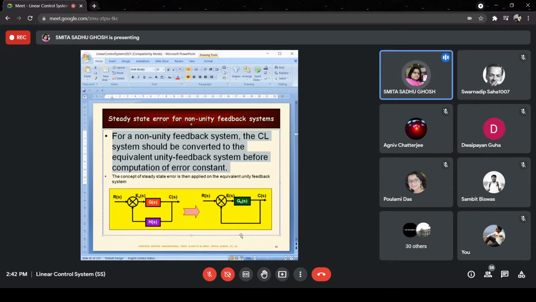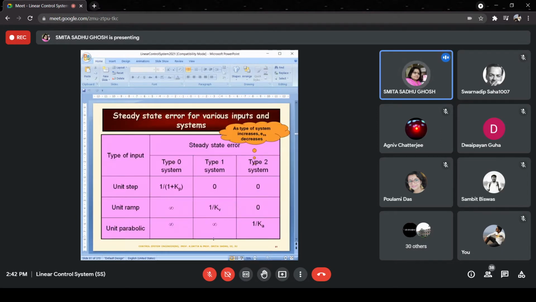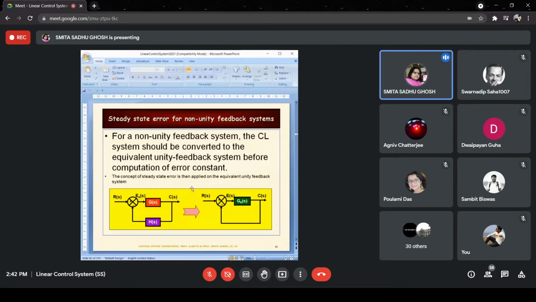After conversion to the equivalent unity feedback system, it is going to follow whatever is the standard one, that is this one. However, the conversion has to be done first. Otherwise, you will not be able to find the steady state error directly from this, that is from the non-unity feedback system. I'll tell you why, in fact, because over here, this point that you see is the output of the summing amplifier or the error indicator, whatever you call it.